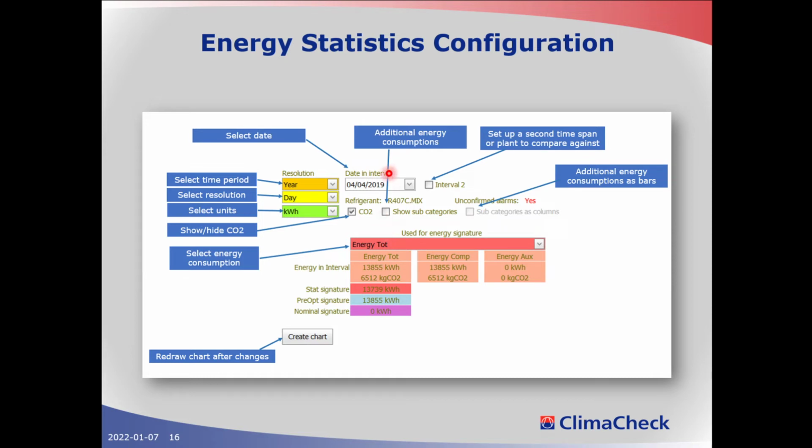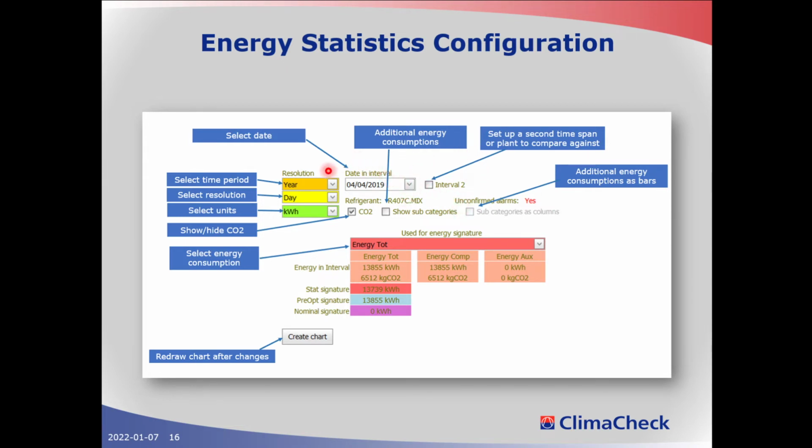And as we just showed in the previous slide, you can look at one plant. You can also actually look at two different plants or two different chillers at the same time, or even the same chiller or plant at different periods. And then you can use this interval 2.